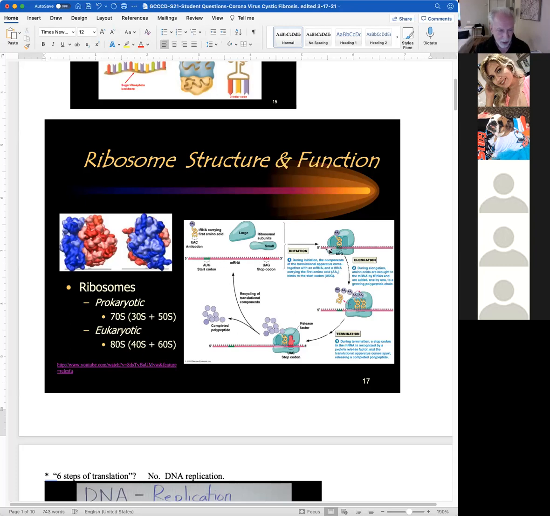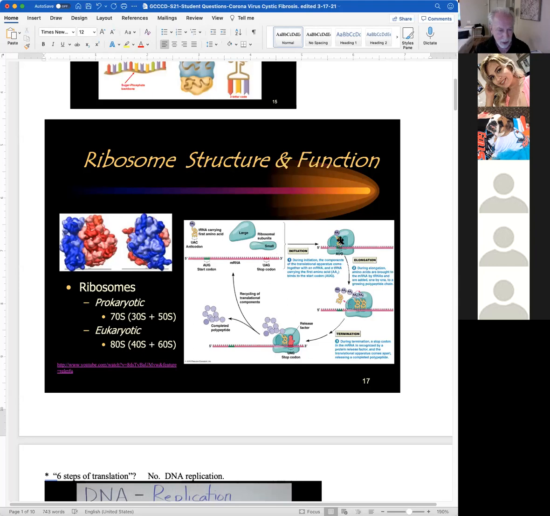If you move to the right, you see them all come together. The large and small subunits of ribosomal RNA are like a little machine that ratchets itself along the messenger RNA, reading one codon at a time. And at each codon, it corresponds to the anticodon on a transfer RNA.